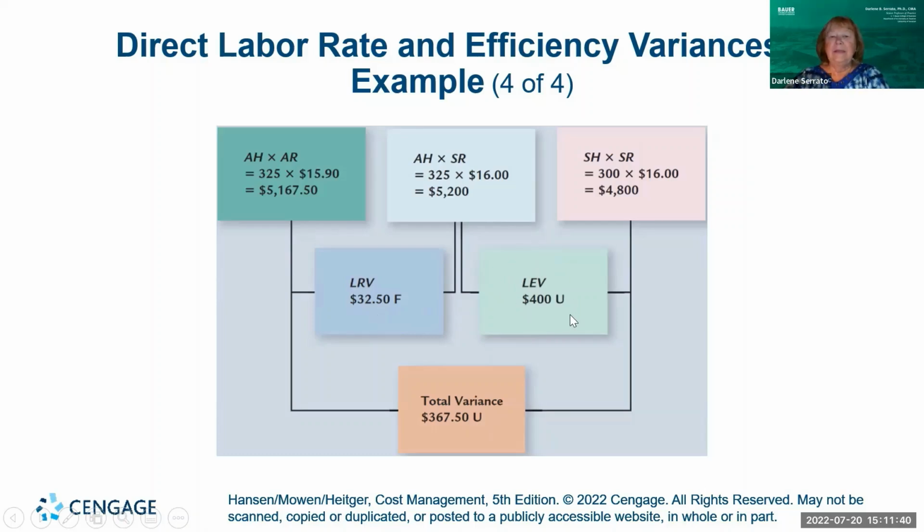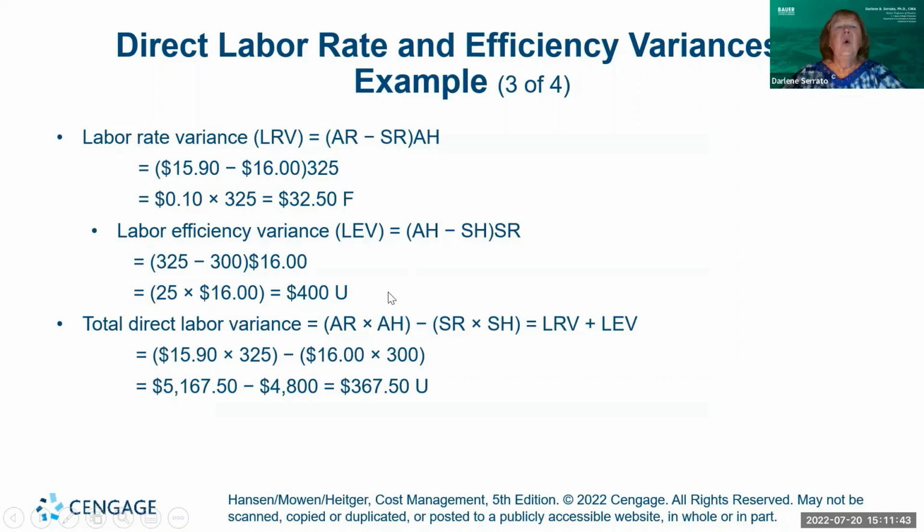Now I want to go back to this. What could have caused these two variances? That's what management is concerned about. You could have problems about that in your multiple choice. In the problems, all you're doing is calculating variances, but in the multiple choice, you might want to come up with reasons for the variances. So they may have paid them less because they used a different skilled worker.